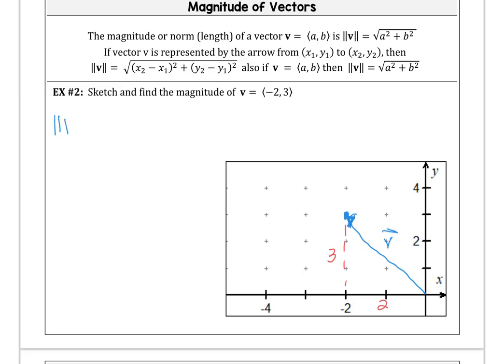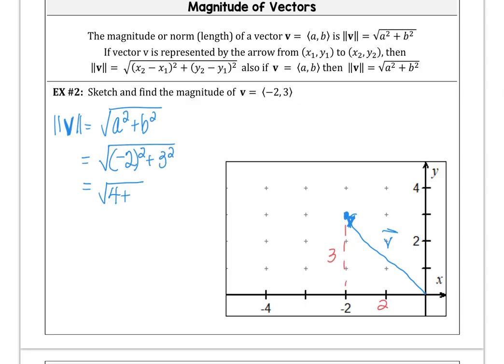Our magnitude of vector v is the square root of a squared plus b squared. So the magnitude is the square root of (-2) squared plus 3 squared. That's 4 plus 9. The magnitude is the square root of 13. So magnitude of vector v is radical 13.